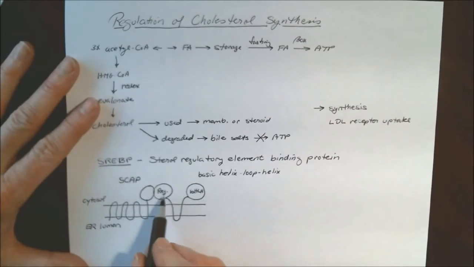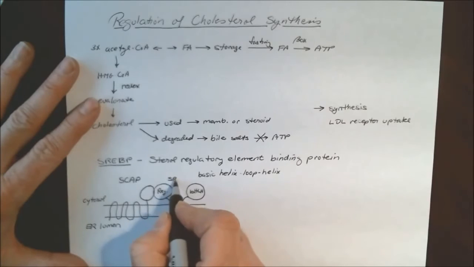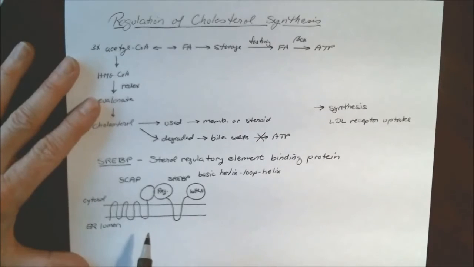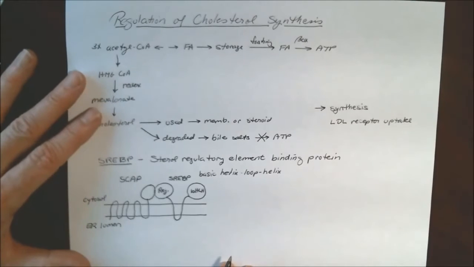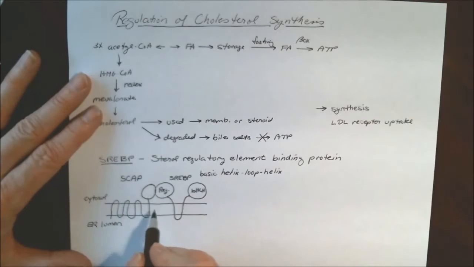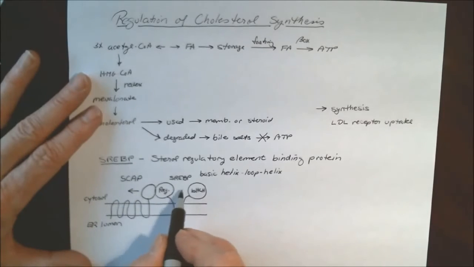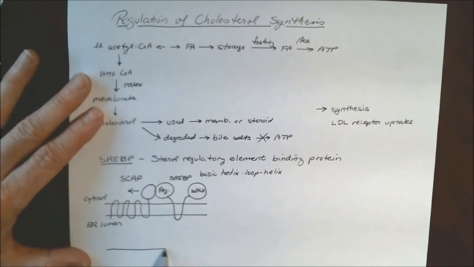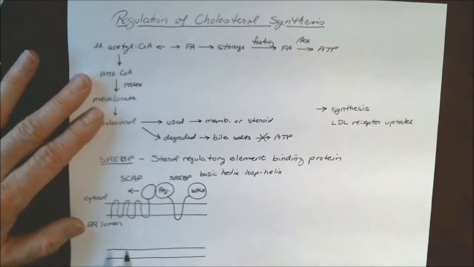And this protein serves to interact with the SREBP protein in order to hold it in place in the ER membrane. Now, under normal conditions, this domain of SCAP releases the binding from SREBP, and then this structure here, the SREBP, now translocates to another membrane structure, which is the membrane of the Golgi complex.